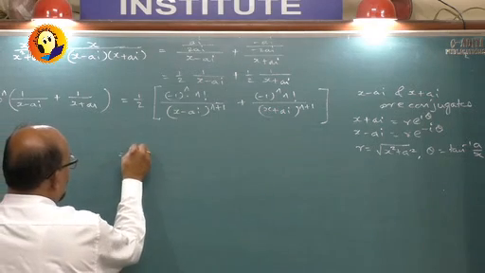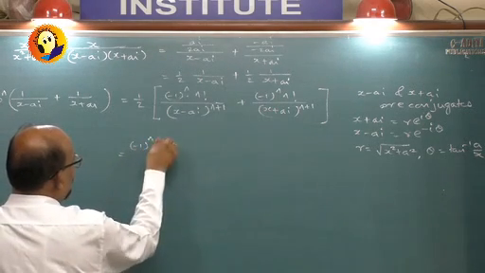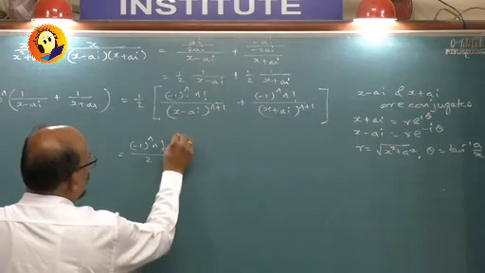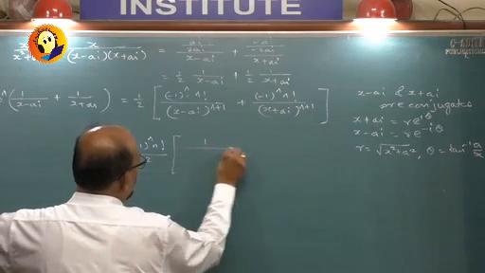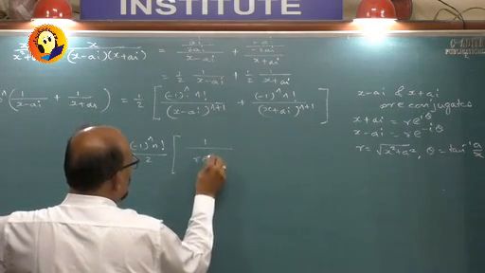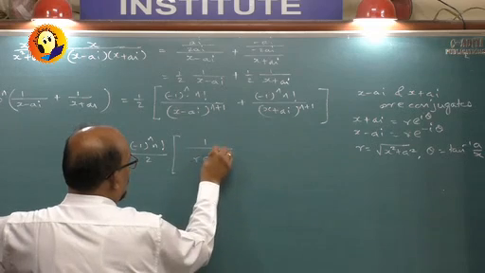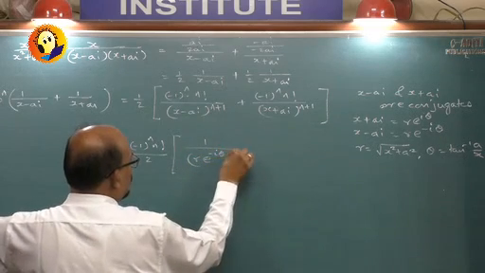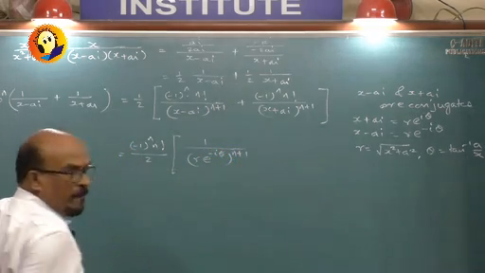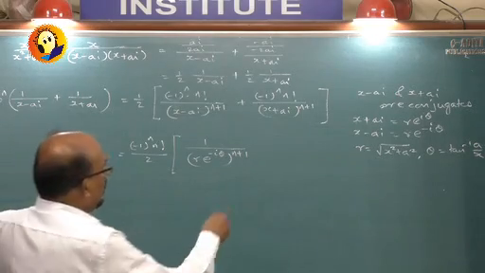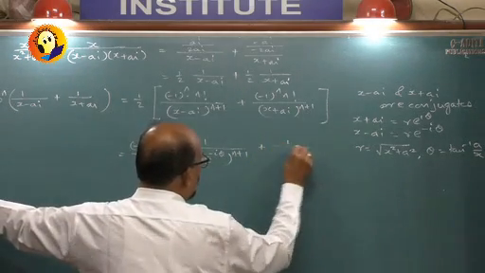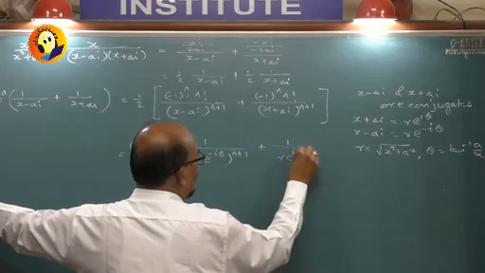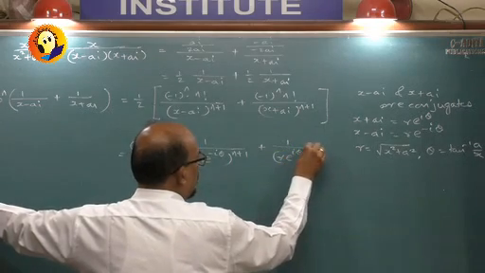So it will be minus 1 raised to n into n factorial upon 2 into bracket 1 upon r into e raised to minus i theta raised to n plus 1 plus 1 upon r e raised to i theta raised to n plus 1.